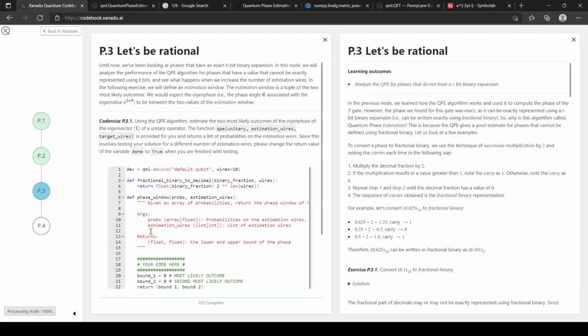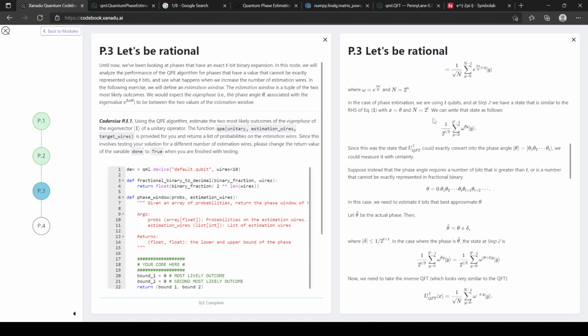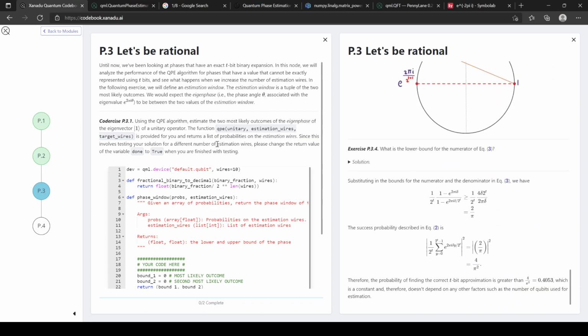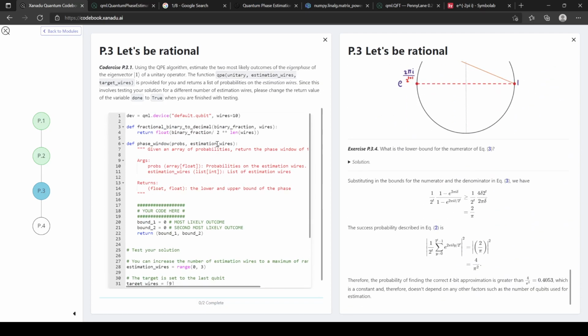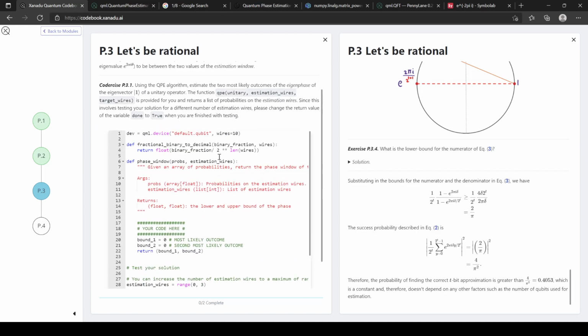Nice. All right, we are going through this. All right, what's going on over here? Using the QPE algorithm, estimate the two most likely outcomes of the phase of the eigenvector 1 of a unitary operator.